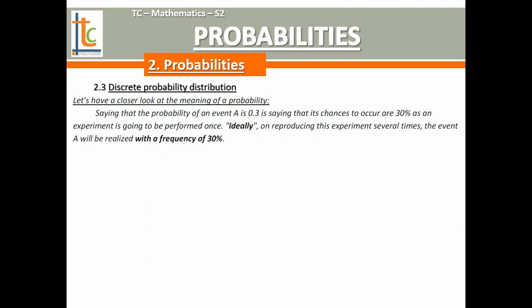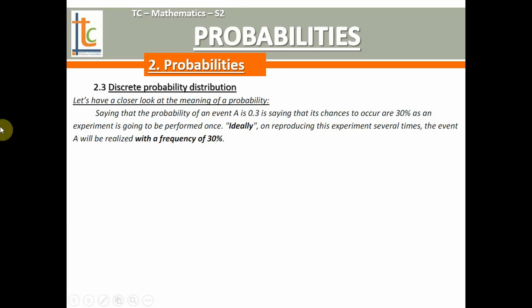But it won't help you to know what will happen next time. Next time you toss the coin, you won't know at all which side will fall down. So a probability is not here to help you to forecast what is going to happen next time.